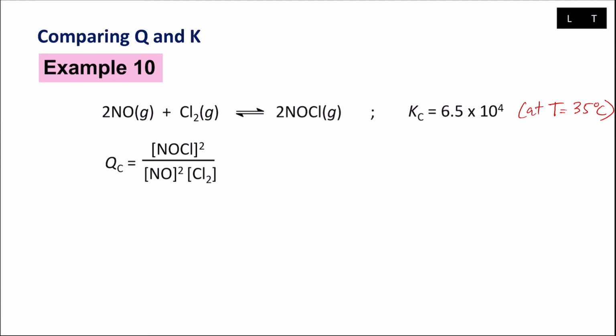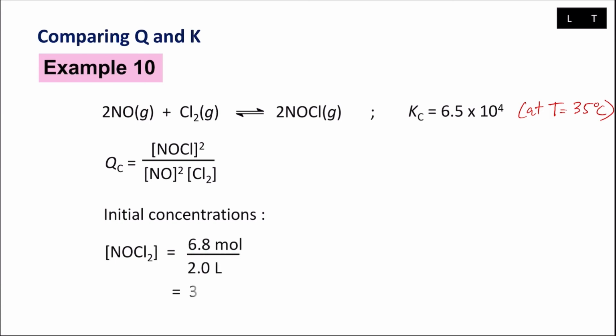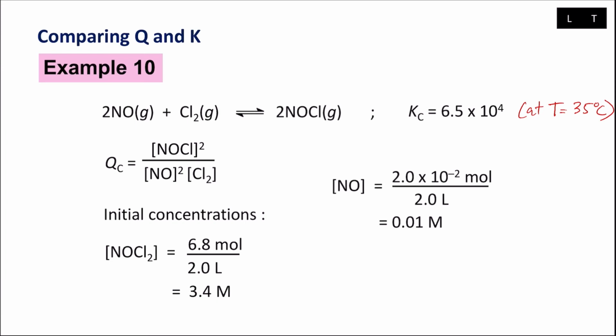So kalau lihat soalan tadi, dia berikan number of mole and volume. So maknanya kita boleh calculate dulu initial concentration untuk spesies kita. Yang pertama NOCl2, so I have, this is the molarity ataupun initial concentration for NOCl2. Next one, saya calculate pula untuk the second species, concentration for NO dan juga concentration for Cl2.